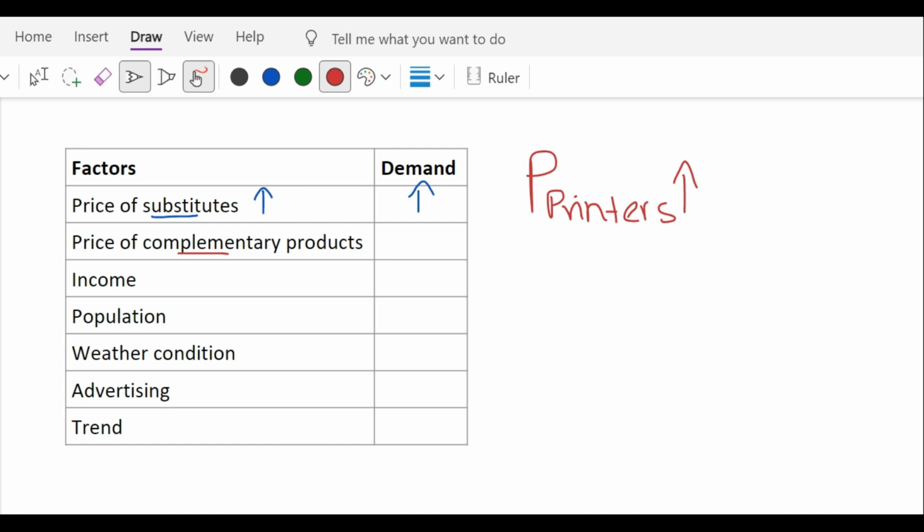So if the amount of printers bought is low, then obviously the demand for toner will decrease. So when the price of complementary products increases, the demand for the other product will decrease.